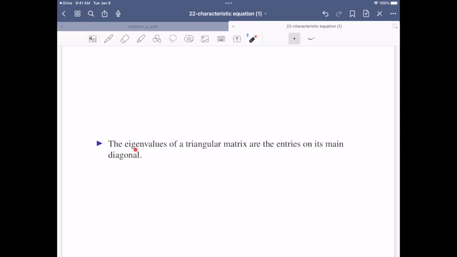There's one proposition: the eigenvalues of a triangular matrix are the entries on its main diagonal. What does it mean? For example, if you have A1, A2, A3, and a triangular matrix means one side is 0, the other side is some numbers.